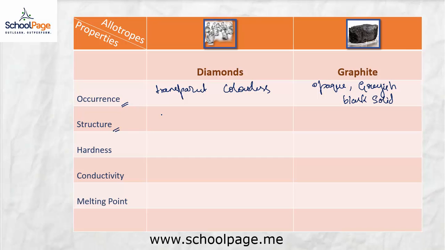Moving on to the structure, we see that diamonds are made up of tetrahedral units, whereas graphites are made up of hexagonal units.